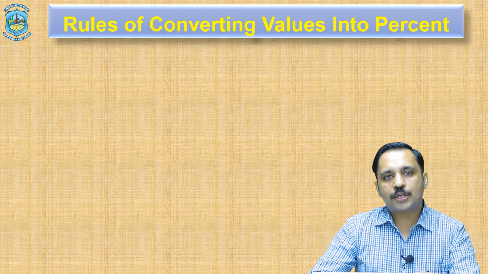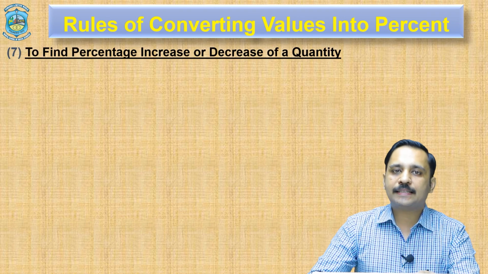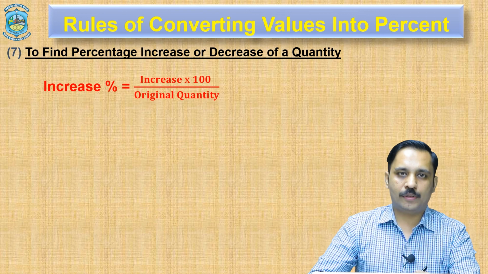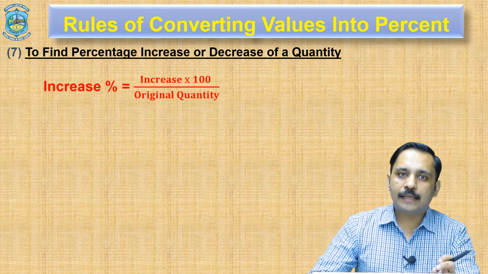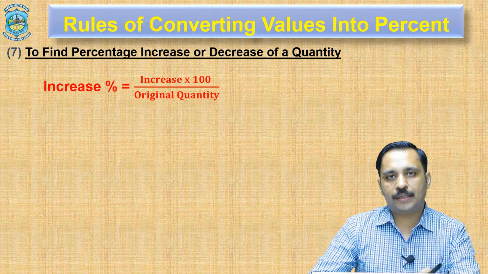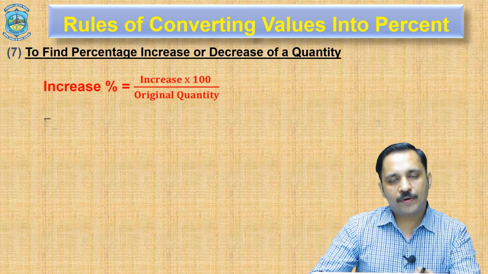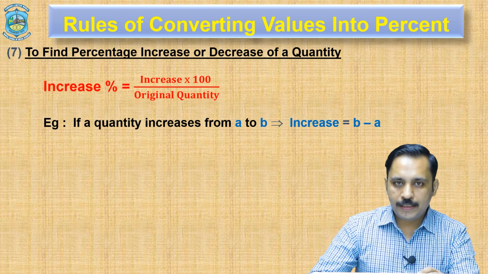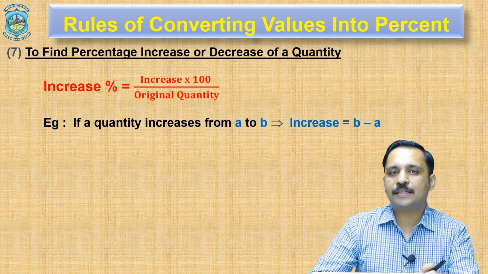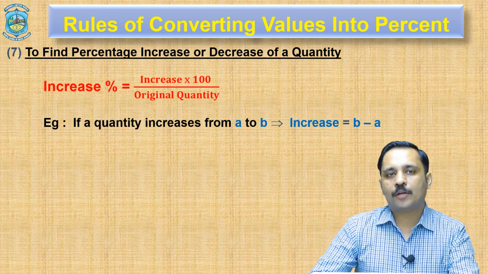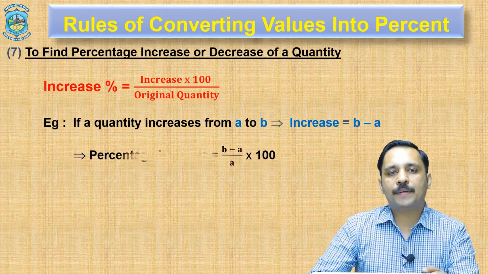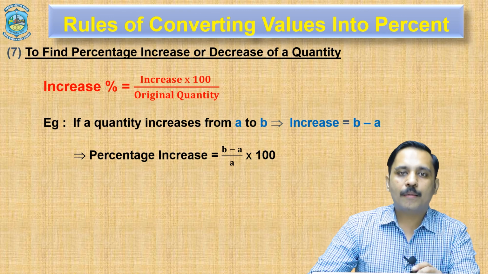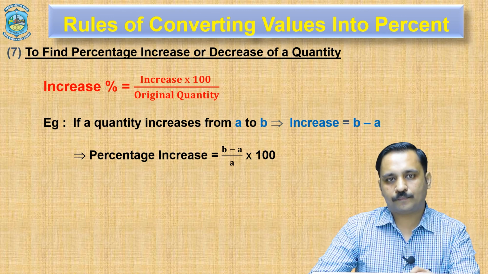The next rule is to find the percentage increase and decrease of a quantity. Now here the increase percent is equal to the amount of increase divided by original quantity multiplied by 100. For example, if a quantity increases from A to B, the value of increase is equal to B minus A. So from the above formula, the percentage increase is equal to B minus A upon A multiplied by 100.